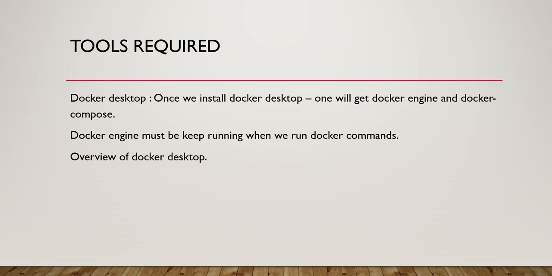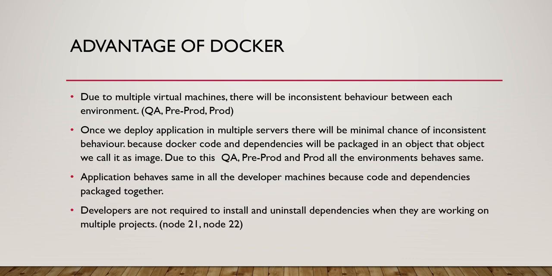And application behavior will be the same on all developer machines. That is, not only environment-wise will we have the same behavior. Consider you have a project where 10 developers are working, and each of the 10 developers has Docker installed on their machine.